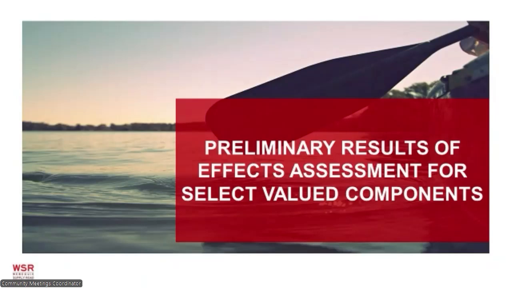While we will focus on vegetation, which includes peatlands, wildlife, Aboriginal and treaty rights and interests for this presentation, due to limited time, the full version of this presentation that is available on the website will include preliminary results for social and economic, cultural heritage and archaeology, and human health and country foods.